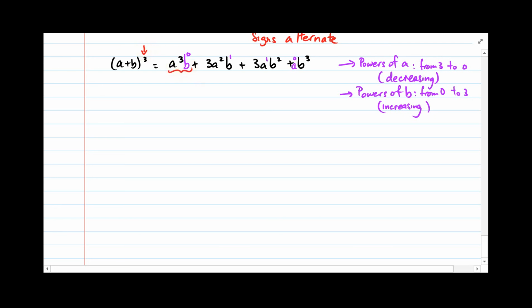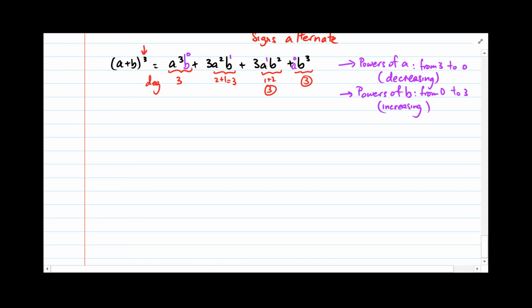Let's look at the degree of each term. The degree here is 3. 2 plus 1 is 3. 1 plus 2, again we get a degree of 3. 0 plus 3, or the 3 that you saw. So every part of this has degree 3, just like the power that we raised it to. And the coefficient of the two middle terms is 3.